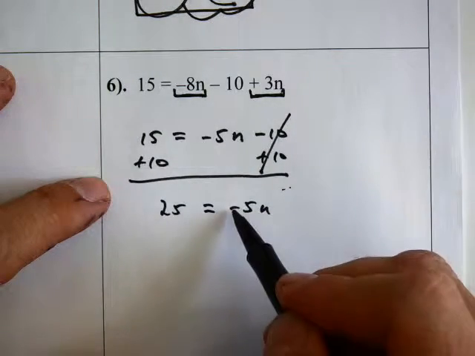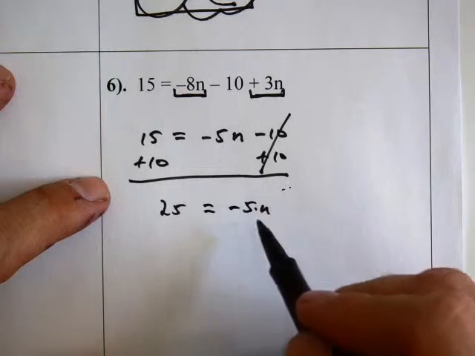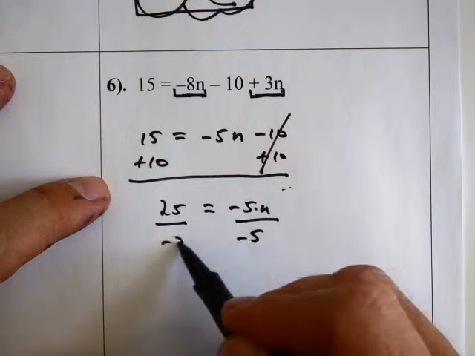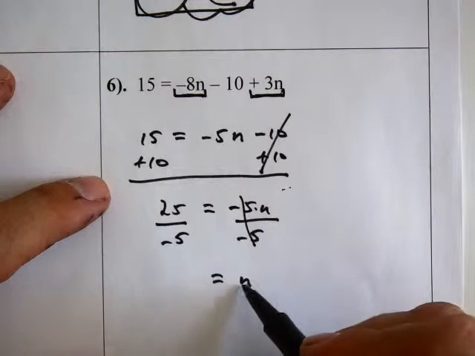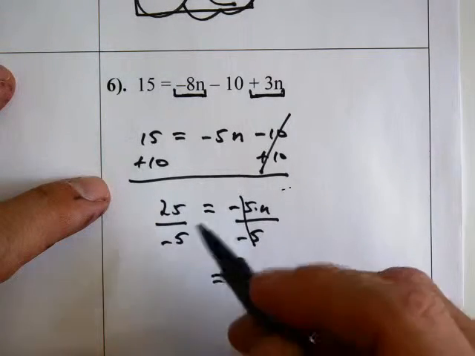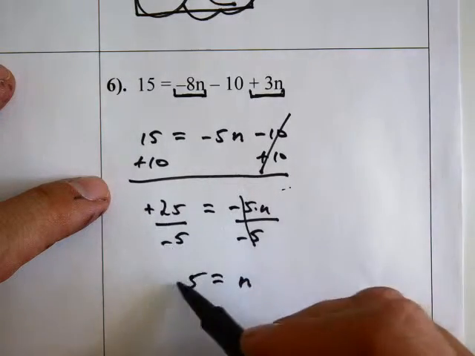And now I'm multiplying negative 5 times n. So how do I peel away multiplication? I divide on both sides by negative 5. And over here, these cancel, and we get n. And over here, 25 divided by, well, what's 25 divided by 5? Well, that's just 5. And then a positive divided by a negative is a negative.